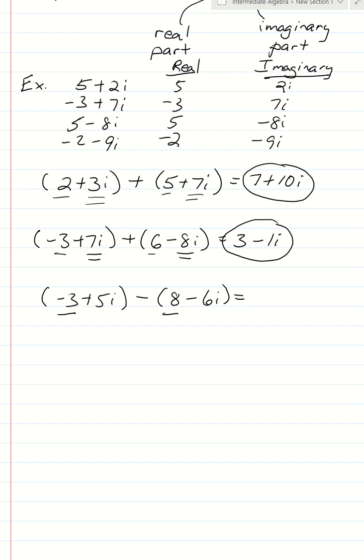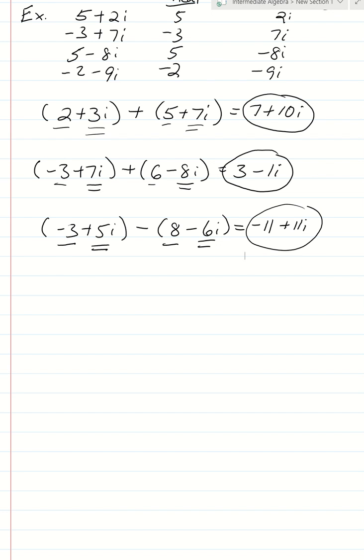Well, negative 3 minus 8 would give you a negative 11. Then let's take the imaginary parts. Let's take the 5i and let's subtract the negative 6i. And if we do that, 5 minus a negative 6, that would give us a plus 11i. And that would be your answer to the difference of these two complex numbers.